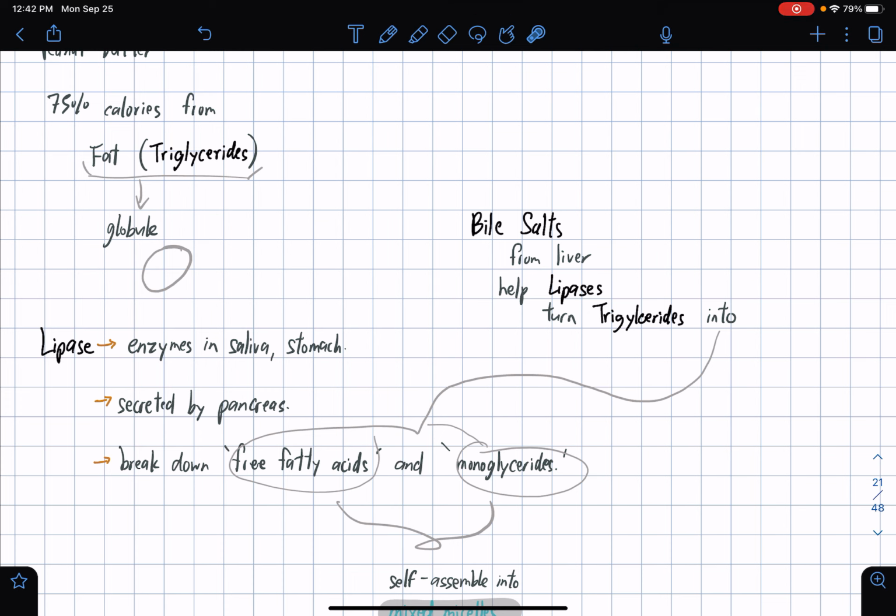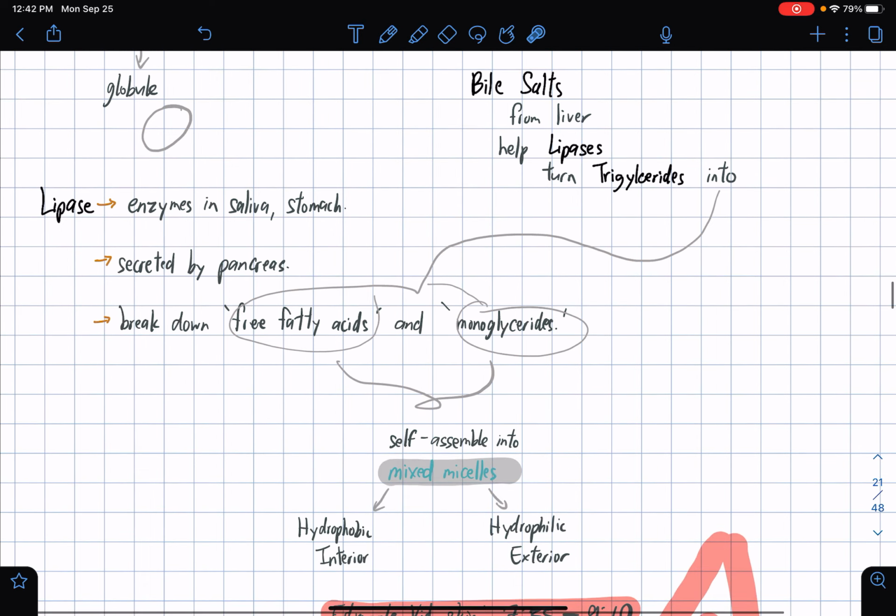And for lipase, they are also made by the pancreas, I suppose. And it contributes in breaking down triglycerides into free fatty acids and monoglycerides. And these two, free fatty acids and monoglycerides, both self-assemble into mixed micelles, which are divided into two things, the hydrophobic interior and the hydrophilic exterior.